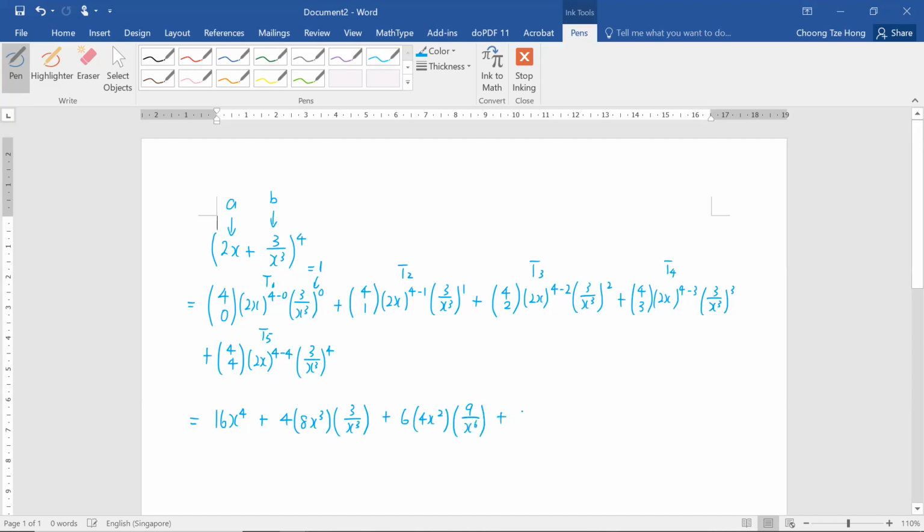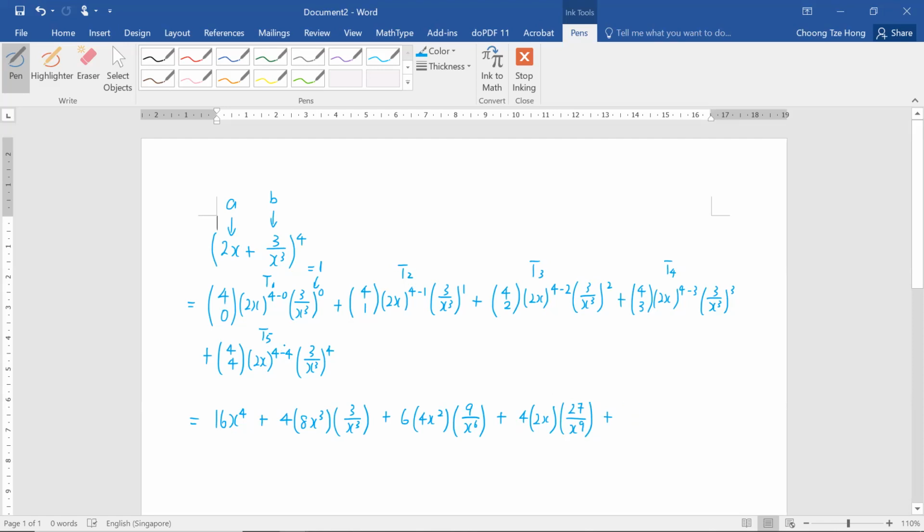Then the fourth term: 4 choose 3 is 4. Then 2x to the power of 4 minus 3, and 4 minus 3 is 1, so it's just 2x. 3 cubed is 27 over x cubed cubed will become x^9. Finally, for the last term, 4 choose 4 is just 1.